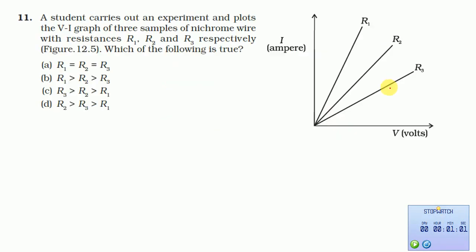Okay. Next. Let me give you some time. A student carries out an experiment and plots the VI graph of 3 samples of nichrome wire with resistance R1, R2, R3 respectively. Which of the following is true?